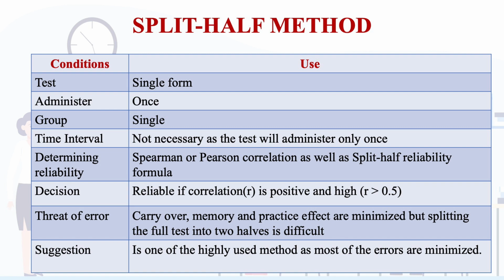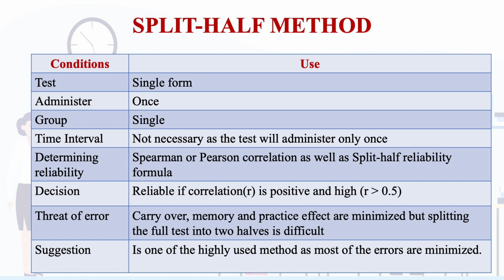So here you have to understand how to use this split half reliability formula. Further we will discuss, and after using the statistical formula, if the reliability coefficient, that is called r, is greater than 0.5, then you can say that the test is a reliable test.